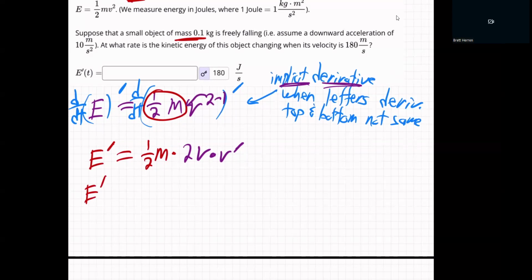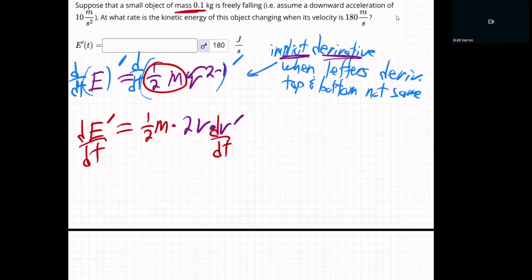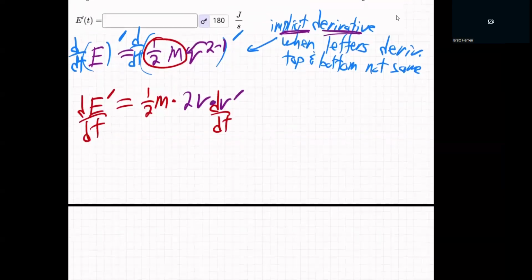In fact, why don't I write dE/dt, and I'll make this dv/dt. That's what it really is. It's the change in energy over time, and the change in velocity over time. You don't have to do that, but I'm just trying to be really clear.